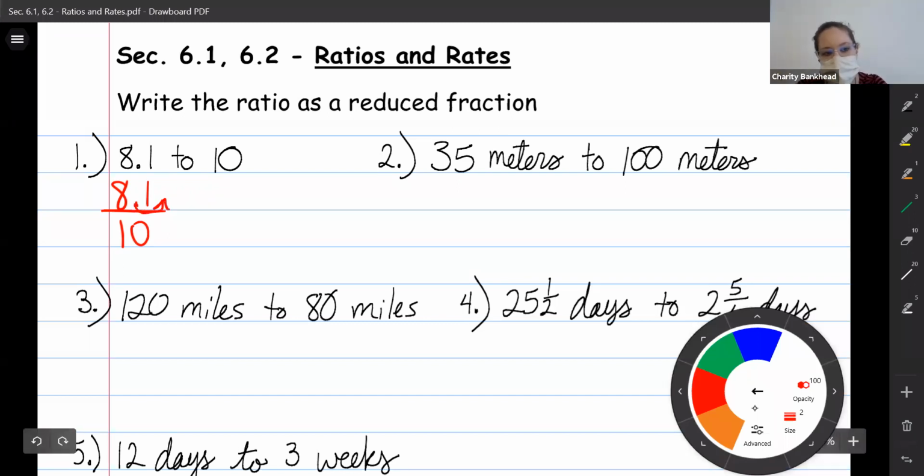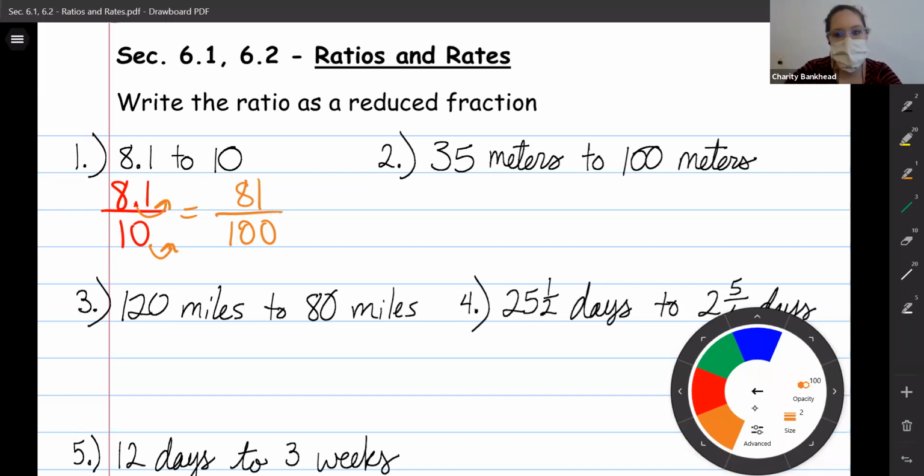So if you move this decimal point one time to the right, and then do the same thing to the denominator, that will end up being 81 over 100. And then if that was able to be reduced, I would reduce it, but it's not, so it's my final answer.